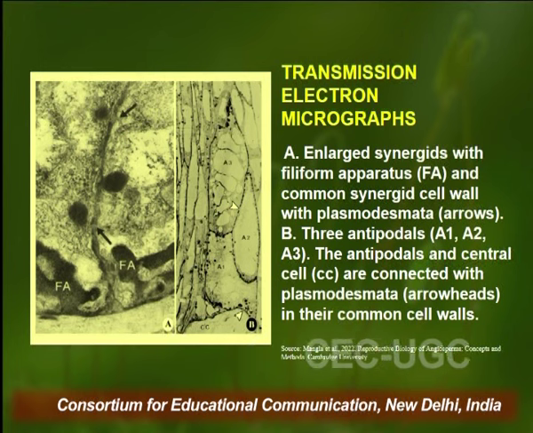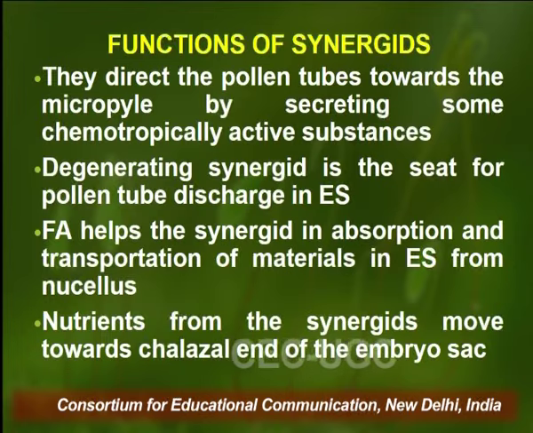The synergid is very important and has a key role to perform in an embryo sac, because this is the cell which directs the pollen tubes towards the micropyle by secreting some chemotropically active substances which guide the pollen tube into the synergid.